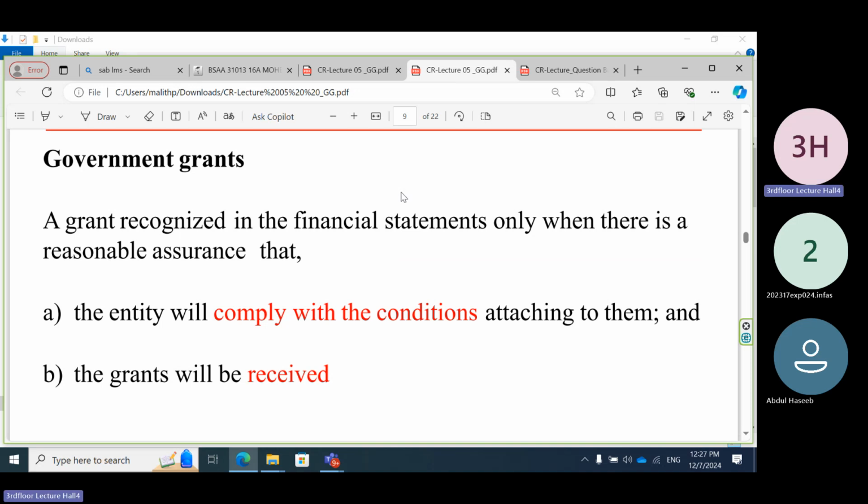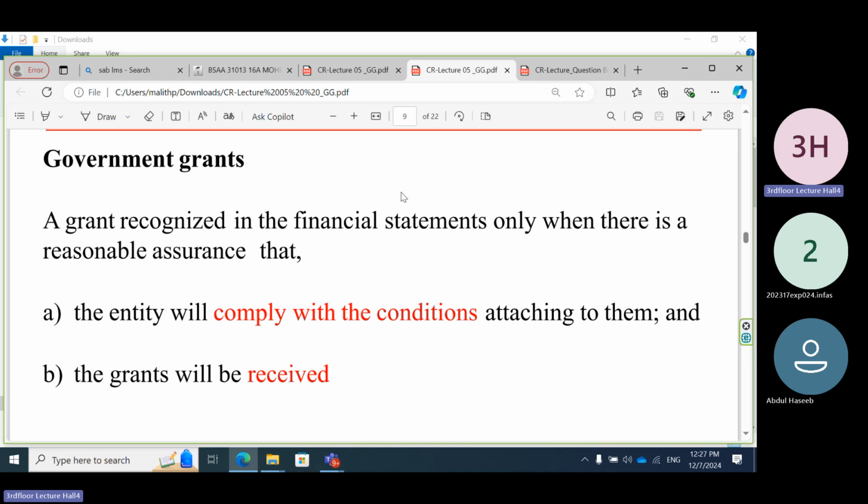It may be cash, maybe another asset, or else the expense may be reduced. If there's a loan and you are getting a lower interest rate, it's a benefit, a deduction from your expense. That benefit should be accounted for.